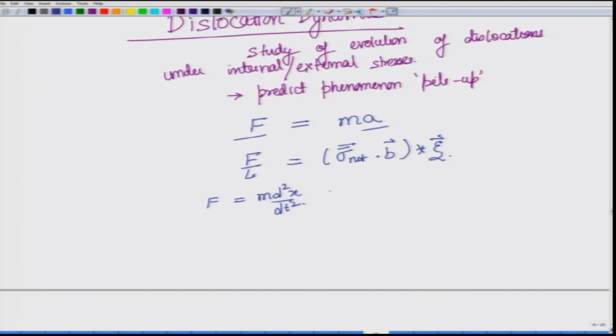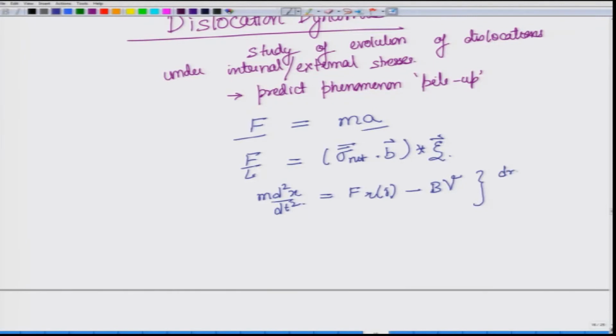But there is also some amount of resistance to the motion of dislocation, and where does this resistance come from? If you remember, when we talked about the velocity, there are damping forces. This damping force can be related in terms of B, and it is proportional to v, the velocity. So m d2x by dt squared, which is the mass times acceleration, is equal to the force acting on the individual dislocation minus the resistance force because of damping.